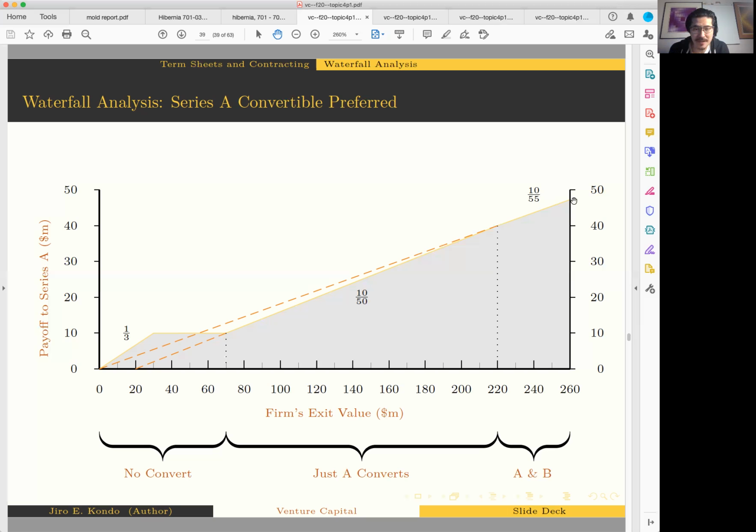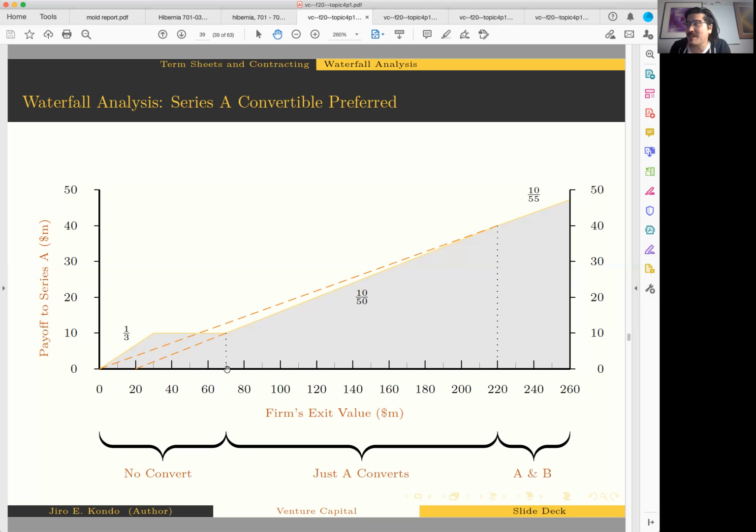Folks okay with this? Does this make sense? This is the process, okay? So this last step is just about keeping careful track of where the thresholds happen at 70 million and at 220 million and measuring slopes from number of shares I own divided by number of total shares outstanding.